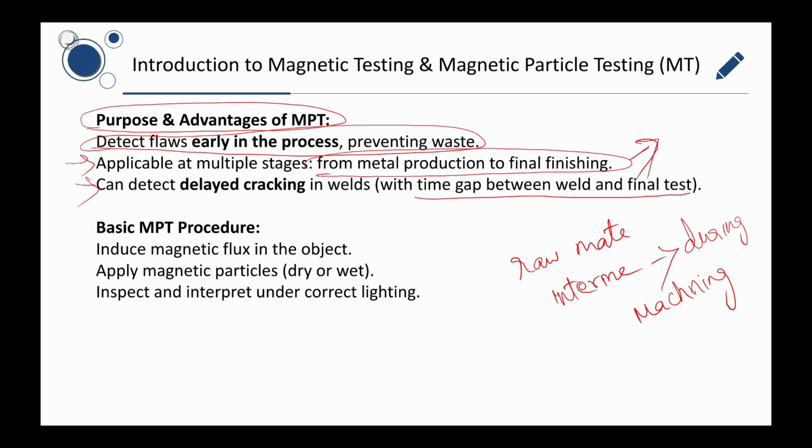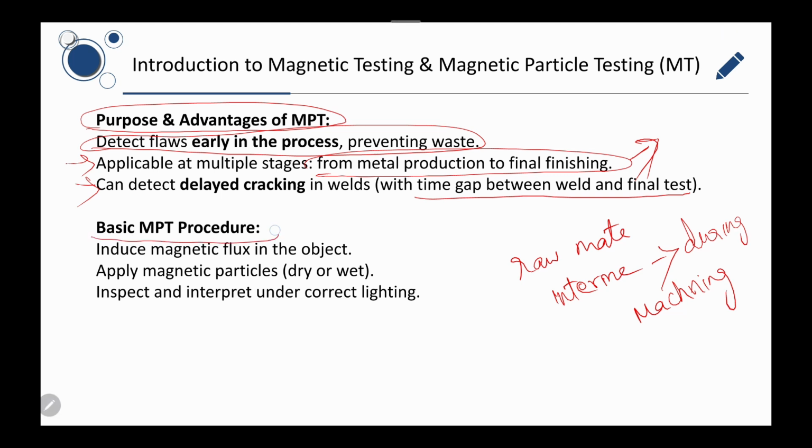Both dry and wet particle methods can be used depending on the surface condition. Direct visible indication: the magnetic particles form a visible indication directly over the flaw, and this makes interpretation easier and faster compared to some other NDT methods.